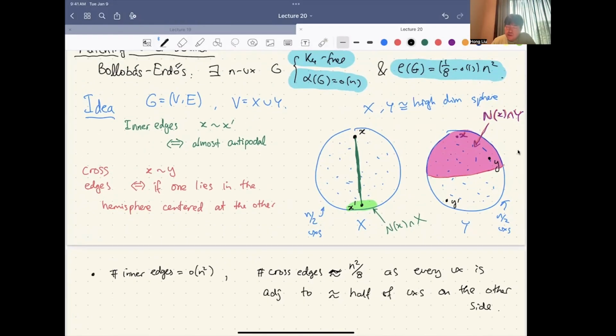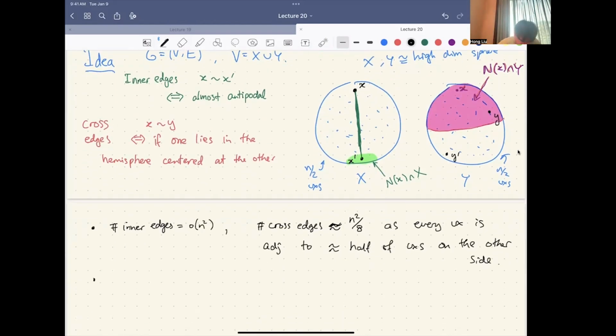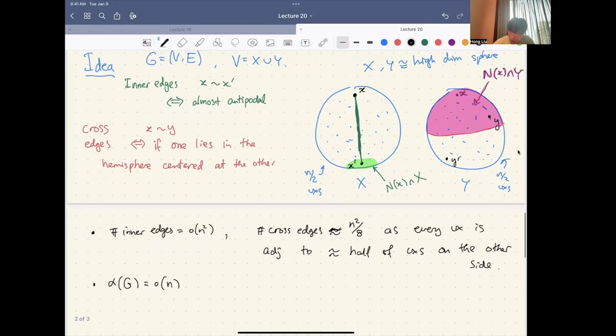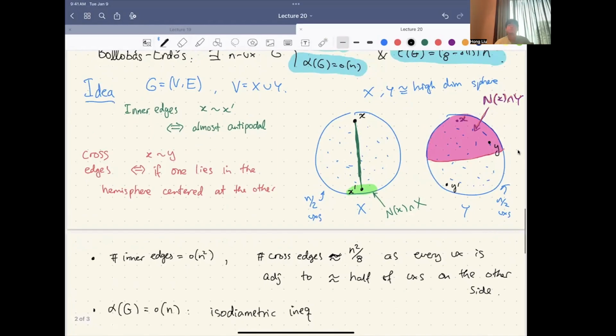Second property, the independence number should be sublinear. Why is this true? This is basically using the isodiametric inequality for the real sphere, meaning that if you're given the measure, then the spherical cap minimizes the diameter.